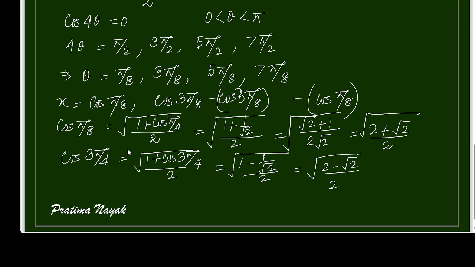So what is the final result? The final result will be ±√2/2, then ±√(2 + √2)/2, because cos π/8 is this and cos 7π/8 will be the negative of this, so it can be plus minus.